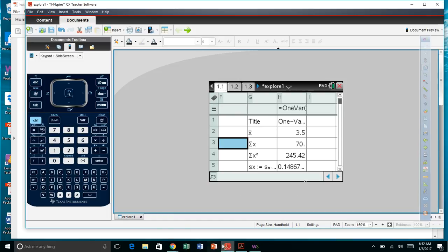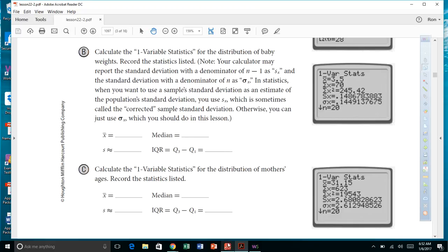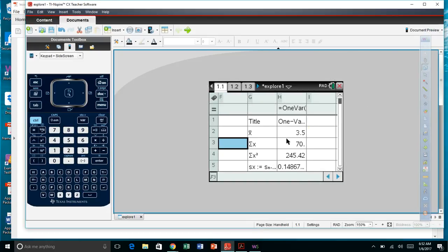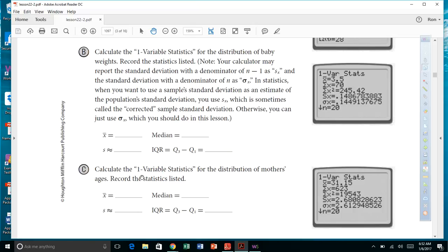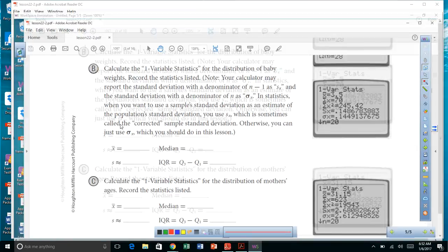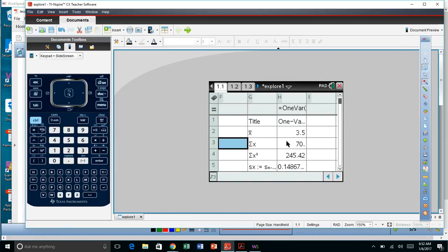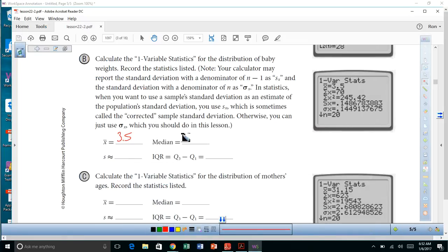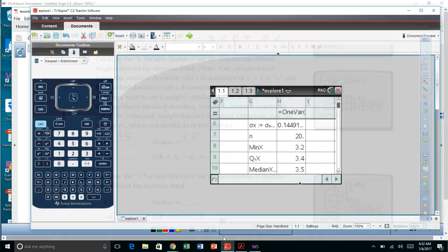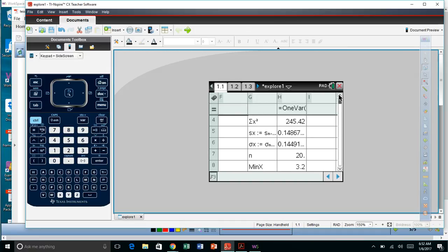So what are we looking for? We're looking for the x bar. So the x bar is 3.5. What's the median? We'll have to scroll down here. There's the median, 3.5. And S, let's go back up here.